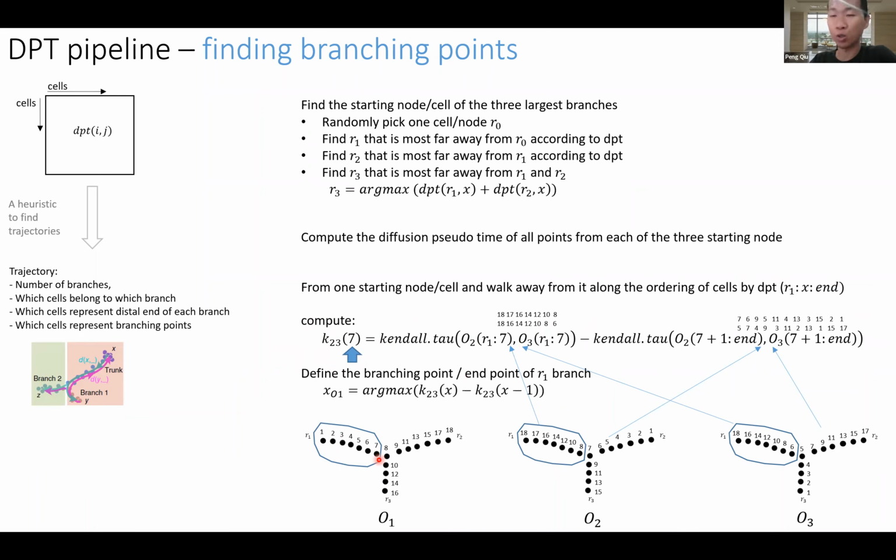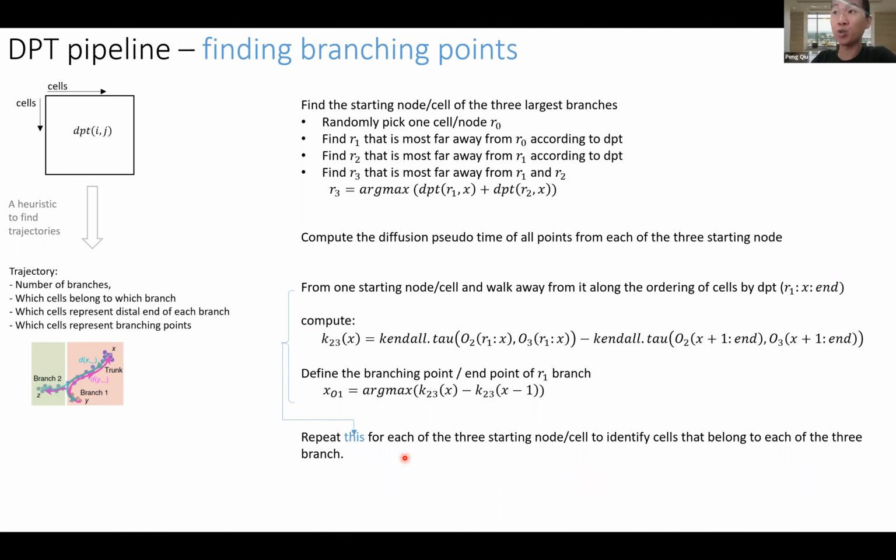They also do this for all the other branches, to know, for example, that the R2 branch starts from this node, goes all the way to here, and then it ends. After this exercise for each branch separately, they would know which cells belong to which branch, right?